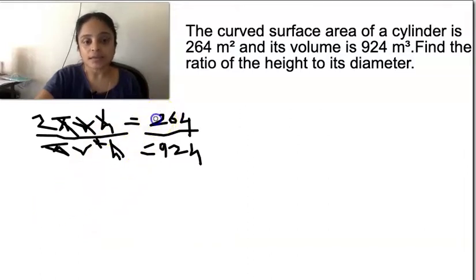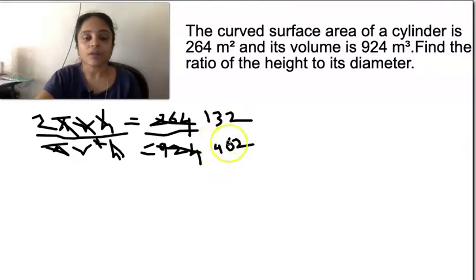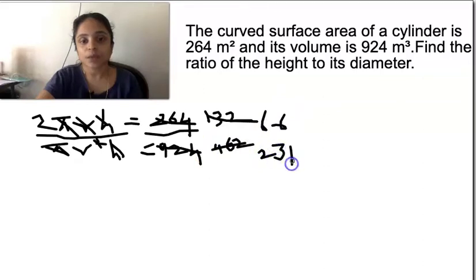Now dividing this, if we divide both numerator and denominator by 2, we'll get this as 132 and this will become 462. Now divide this again by 2, we'll get 66 and this 231.